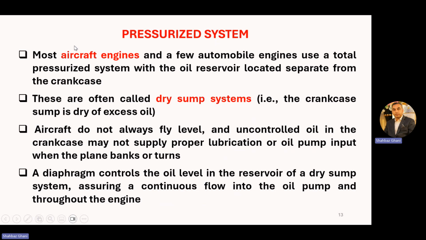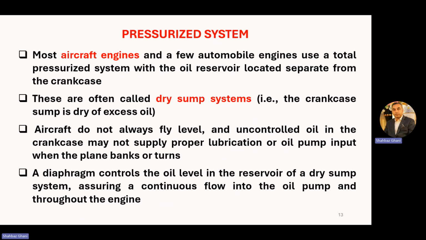Now I'm talking about aircraft, because they are also internal combustion engines, but their role is different. Most aircraft engines and a few automobile engines use a total pressurized system with the oil reservoir located away from the crankcase. So instead of having oil in the oil sump or the crankcase, they have a separate oil reservoir or tank from where they draw the oil and pump it to the various locations. These are often called dry sump systems. So there are two things, dry sumps and wet sumps.